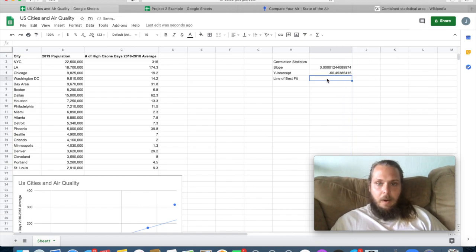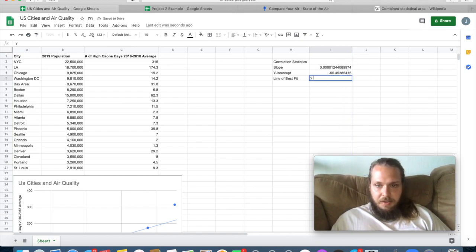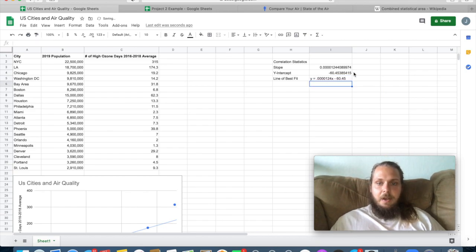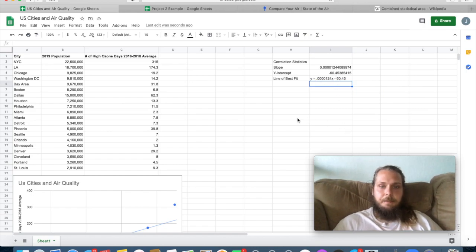Okay, so there's no way to calculate it other than to just write it. Y equals 0.00000124 x minus 60.45, because we know the line of best fit is in y equals mx plus b, so y equals slope x minus the intercept.